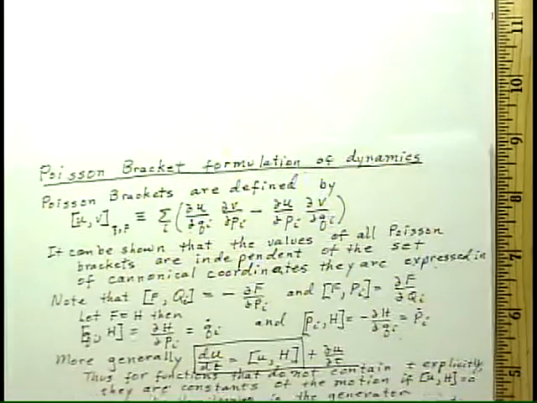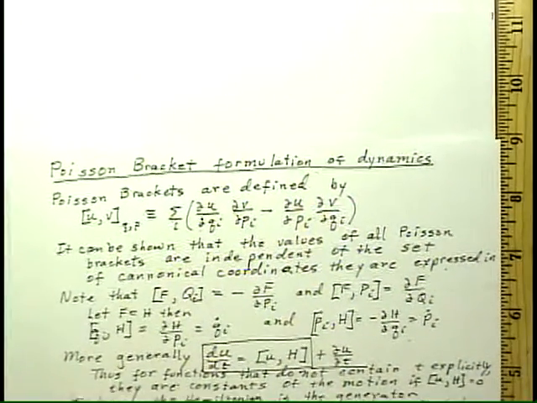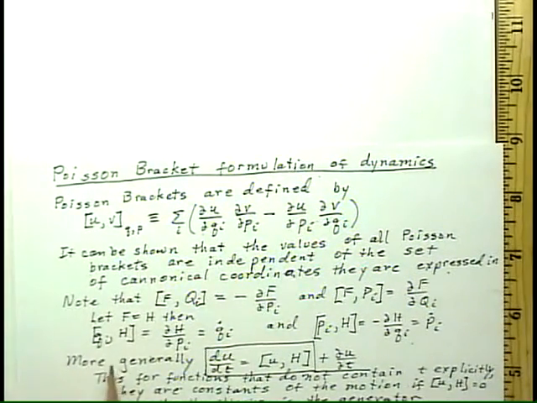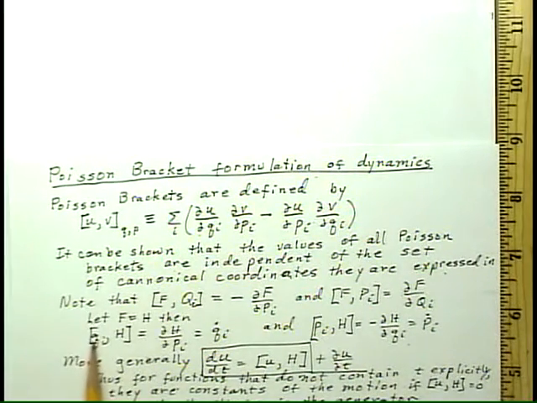If we were to let the function f be the Hamiltonian H, and let the capital P's and Q's be small p's and q's, we can see that we would get a bracket of qi with H, which is the partial of H with respect to pi.